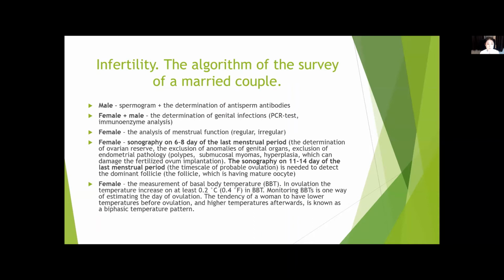Monitoring BBT is one way to estimate the day of ovulation. The tendency of a woman to have a lower temperature before ovulation and higher temperatures afterwards is known as biphasic temperature pattern.